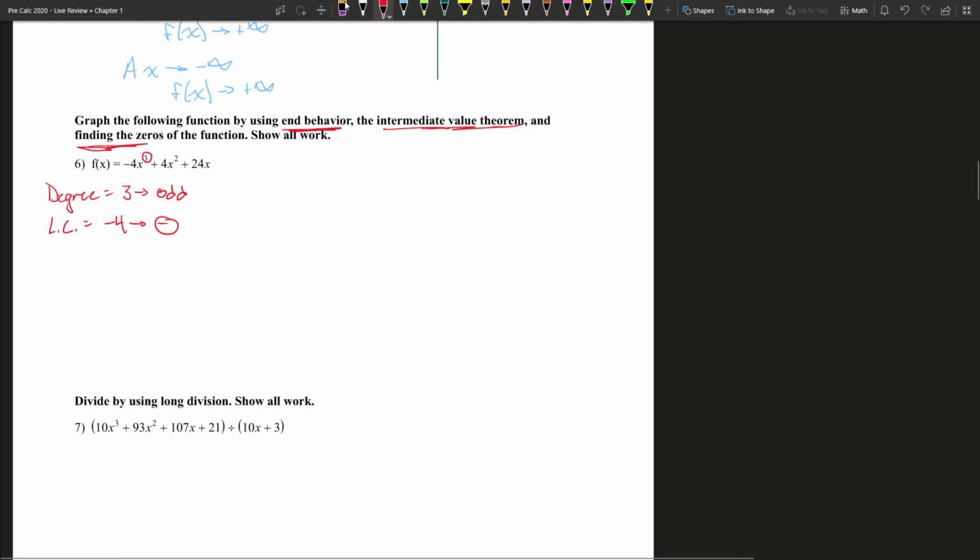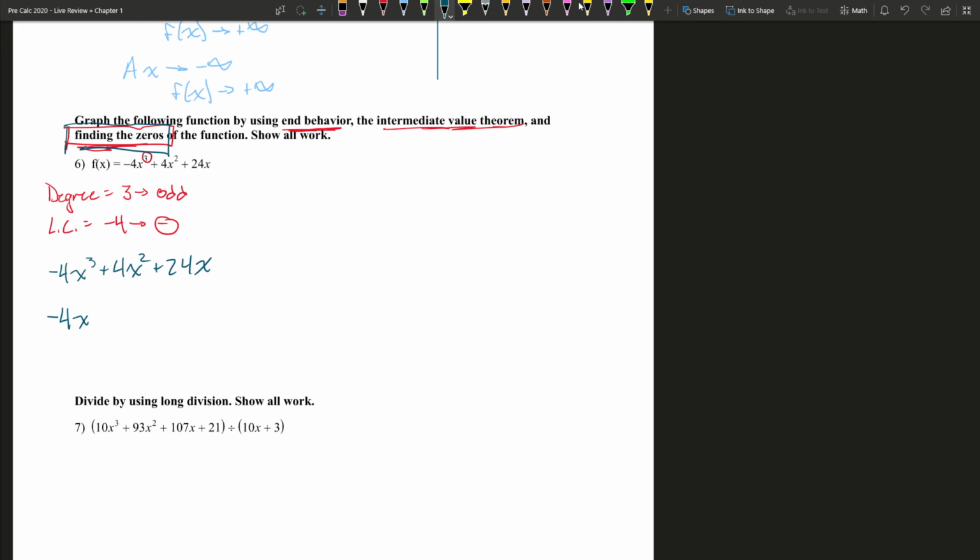All right. So that's going to be the zeros part. Okay. So if we just find the zeros of this entire equation, you should notice that we can pull out a 4x from all this stuff. And I'm going to pull out a -4x.